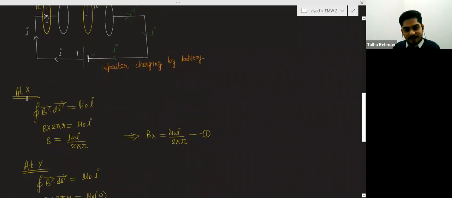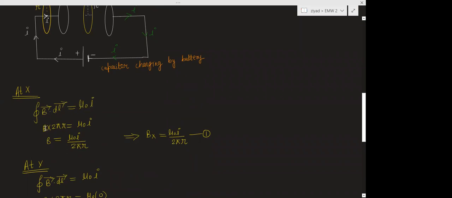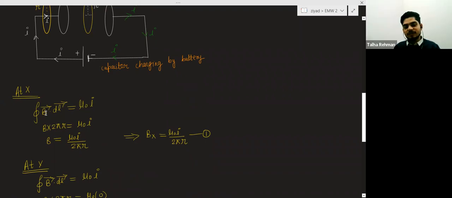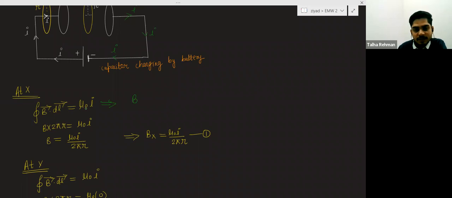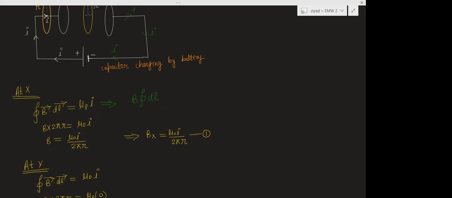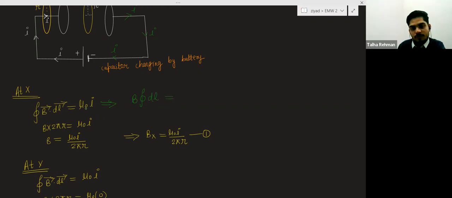When you apply Ampere's circuital law, B dot dl is equal to mu naught into I. B will be constant, and you will do the integral of dl. The closed integral of dl is equal to B into 2 pi r.